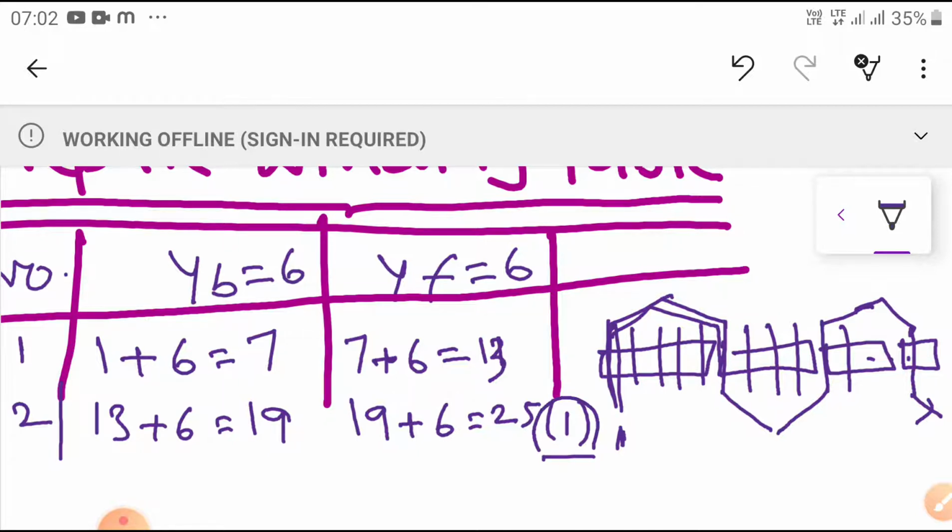Hence you have to change one technique. Instead of 19 plus 6, you add one step more, 19 plus 7, then you are going to get 26. Dear students, you have to take this one step.